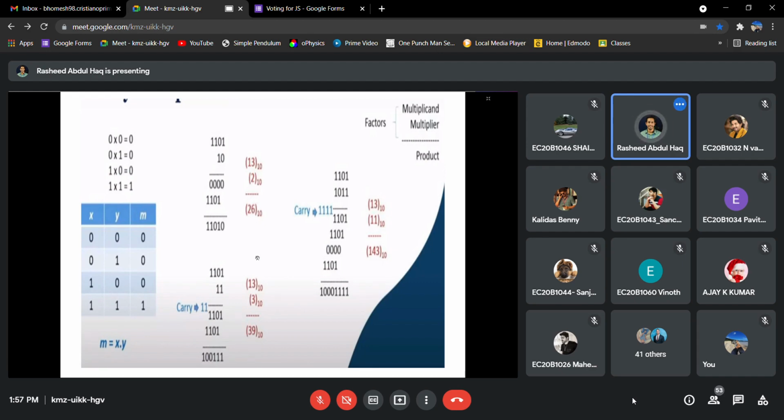And it is shifted one position, just as in the normal decimal multiplication. And then it is added. Is it clear? First one? Yes, sir. Okay.